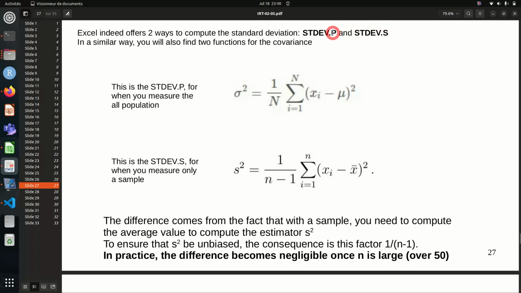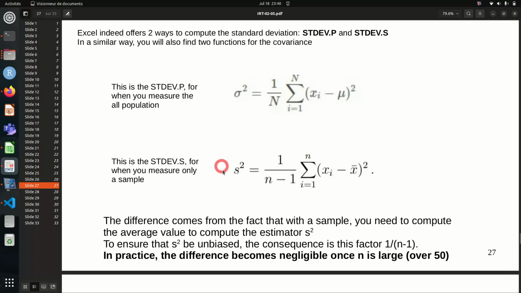P and S stand for population and sample. The population one is going to use this formula, while the sample one is going to use this one. The difference between this one and this one is this n-1, and here it's n.